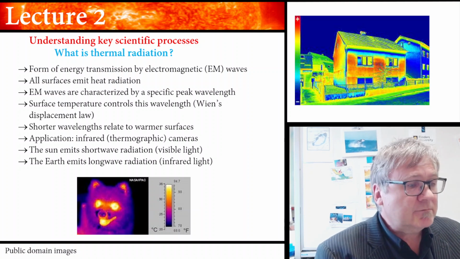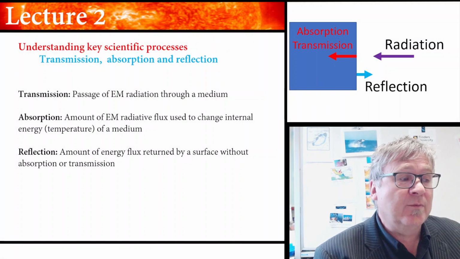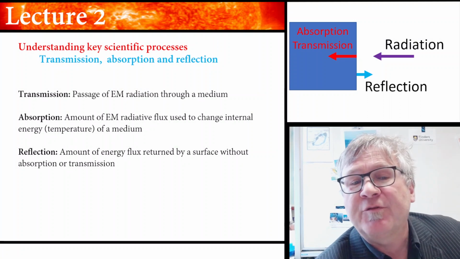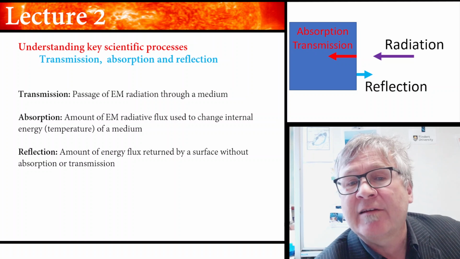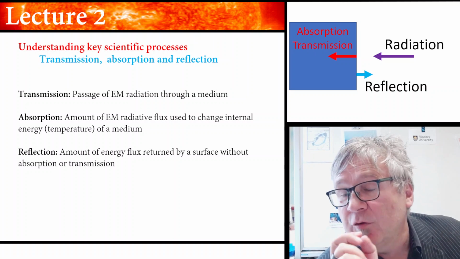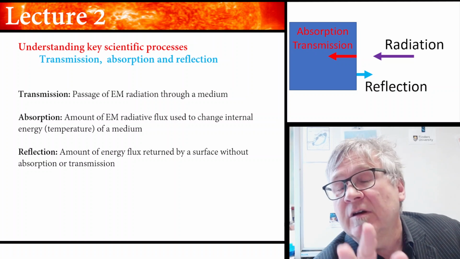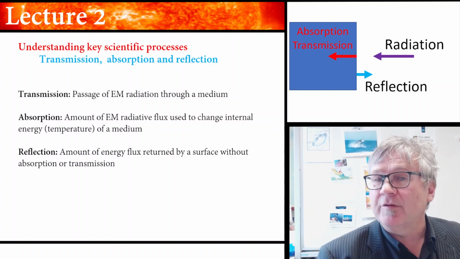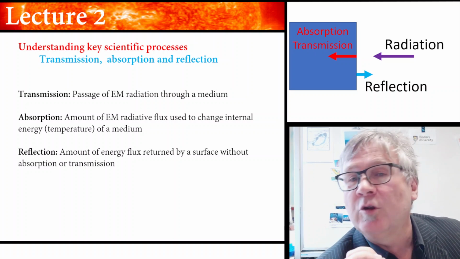All right. So the second thing I want to talk about is, what do we mean by transmission, absorption, and reflection of electromagnetic radiation? There's the three words, and you should be able to understand the meaning. So if I say in the future absorption, you should immediately know what I mean by it.